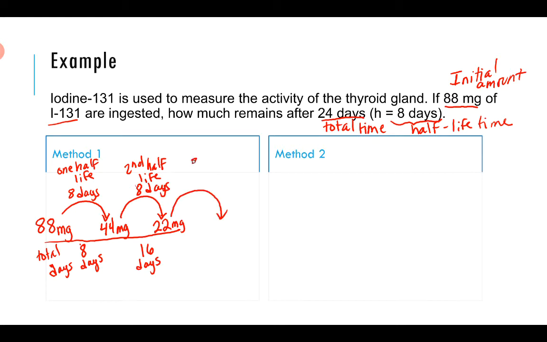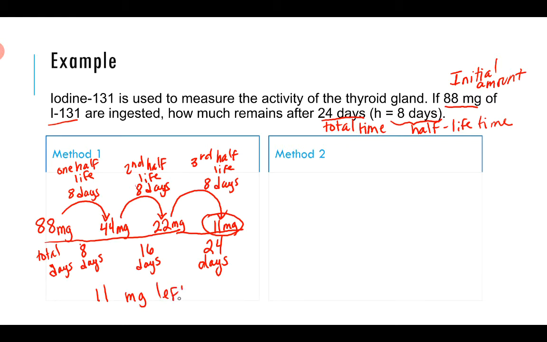Now, after a third half-life, after another 8 days, I'm going to be up to the 24 days that the problem asked for. And so after this, I'm going to stop and figure out what this is. That's 11 milligrams. And so I will have 11 milligrams left after 24 days.